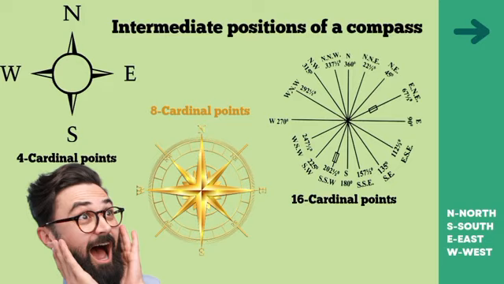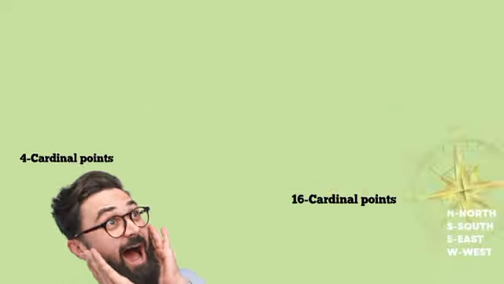And also we have the 16 cardinal points, which include north northeast, east northeast, east southeast, south southeast, south southwest, west southwest, west northwest. These are the features of the 16 cardinal points. Don't forget, our compass makes use of all these positions in referencing a direction on a map, and it helps us to locate settlements and routes easily on our map.